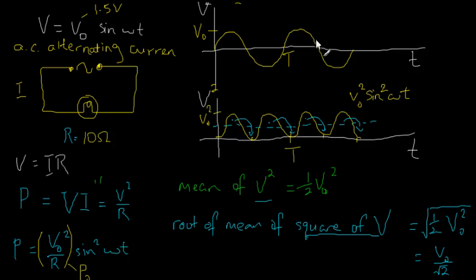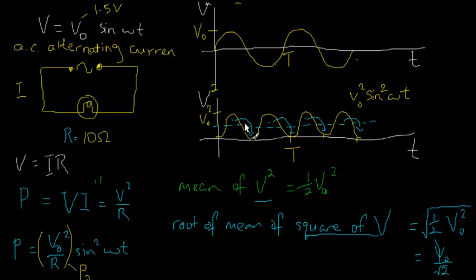Okay, or we can think of this as an alternate way, right? That means another way of finding an average value for V. We know that we can't just find a simple average by adding up the V's over time, because it is positive and negative equally often. So if I just add up the voltages in a simple way, I'll just get 0 if I try to take the average.